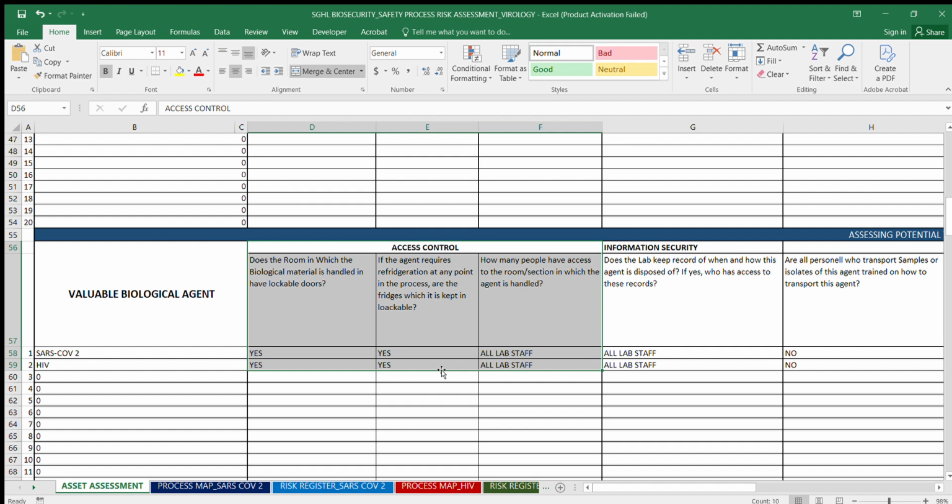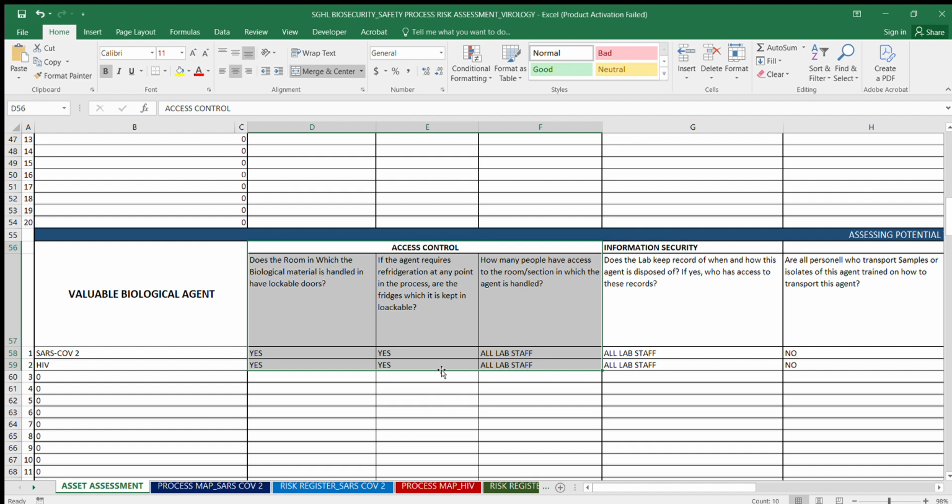Or if it has biometrics, only people who have access either by thumb access or key access can have access to that room. But if the room is not lockable, anyone can walk into that room and they will have access to your asset. So if you say yes here, at least you know your asset is safe.